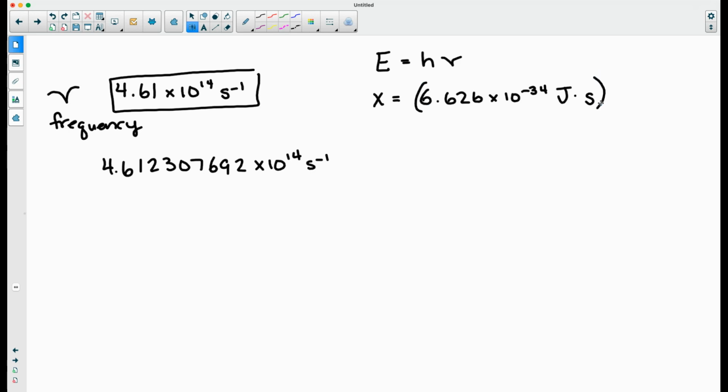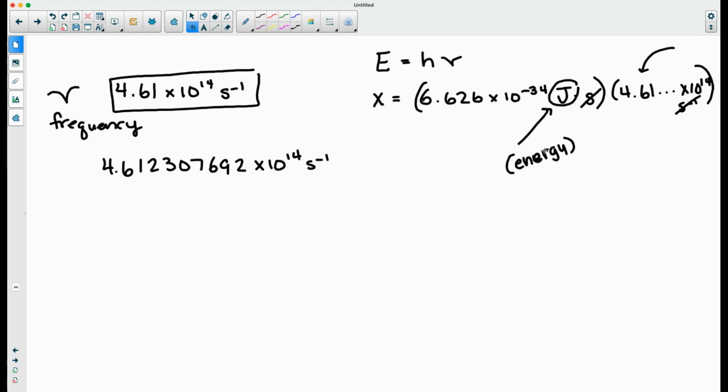Now that's going to get multiplied by our frequency, which is that 4.61 number times 10 to the 14th seconds to the -1. We're going to keep the number from our calculator here and just multiply by Planck's constant. Notice now that seconds times seconds to the -1 cancel out, giving us the unit of joules, which is a great unit since we're looking for energy.